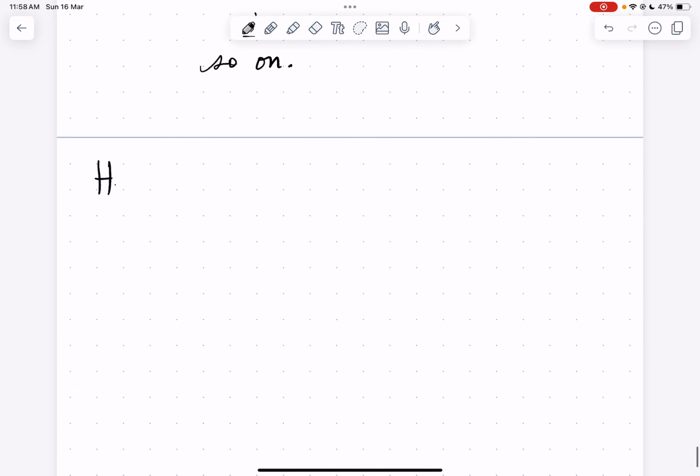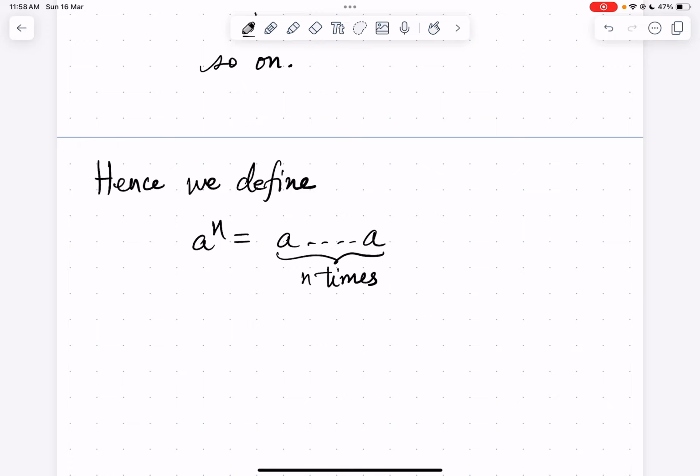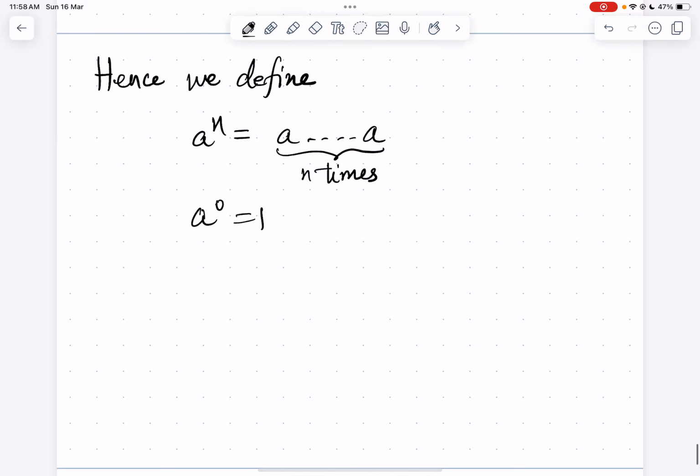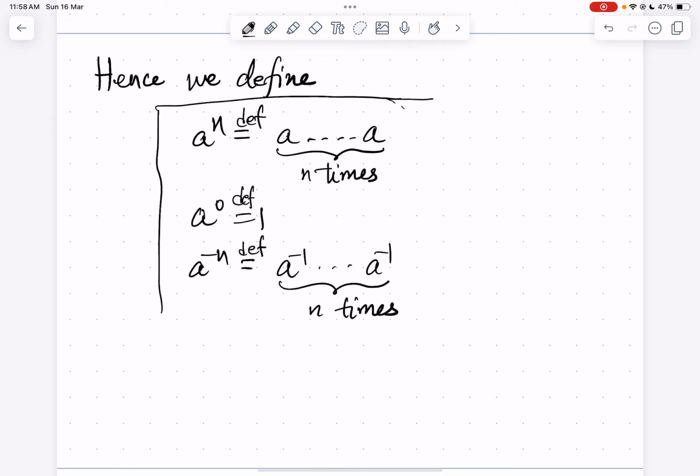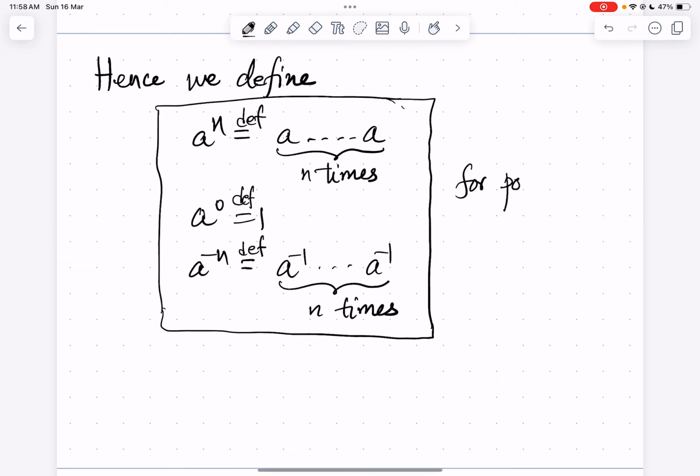Hence we define a power n equals a multiplied n times, a power 0 equals 1, and a power minus n equals the multiplicative inverse of a taken n times, for positive integer n.